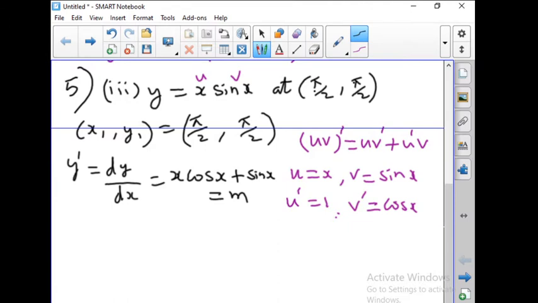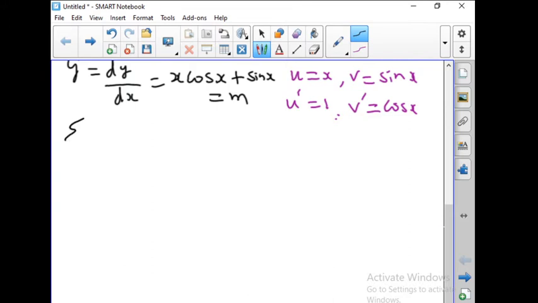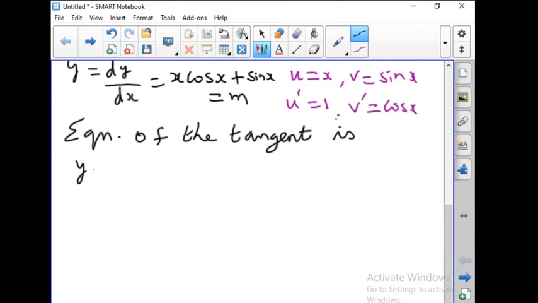So now we will find the equation of the tangent first. The equation of the tangent is y minus y1 is equal to m into x minus x1. So y minus pi by 2 is equal to m, and we can find m at pi by 2 comma pi by 2, which is x1 comma y1.